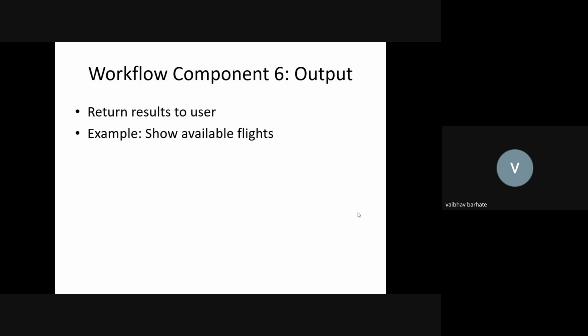One random question. Suppose we have not put in all this validation and workflow, and I just give the instruction, book a flight from Delhi to Dubai. In case the flight is not available, we will not be able to see what is happening, or what the agent will do.